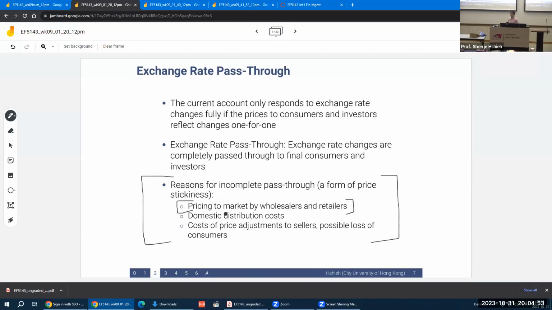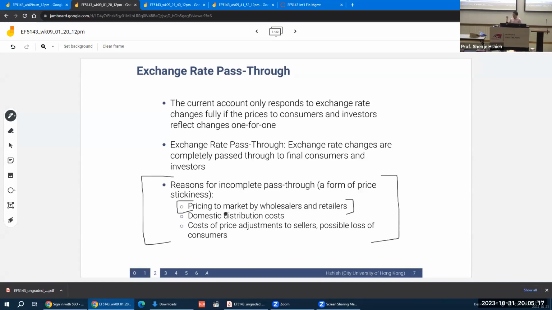So the first explanation I pointed out here is pricing to market by wholesalers and retailers; those prices may be monopolistic. The idea is that if you have wholesalers and retailers that are basically monopolists, then they already set prices in such a way that maximizes their profits. And if there are increases in input costs, that doesn't change the price they set, right?